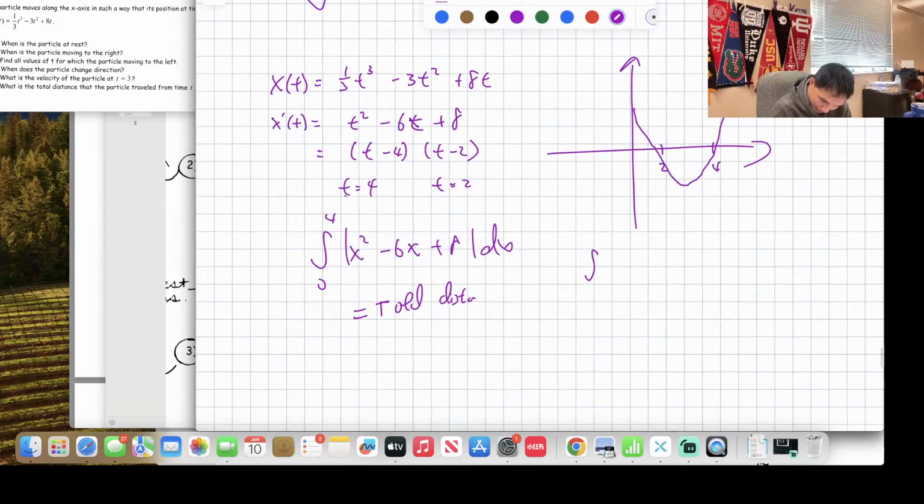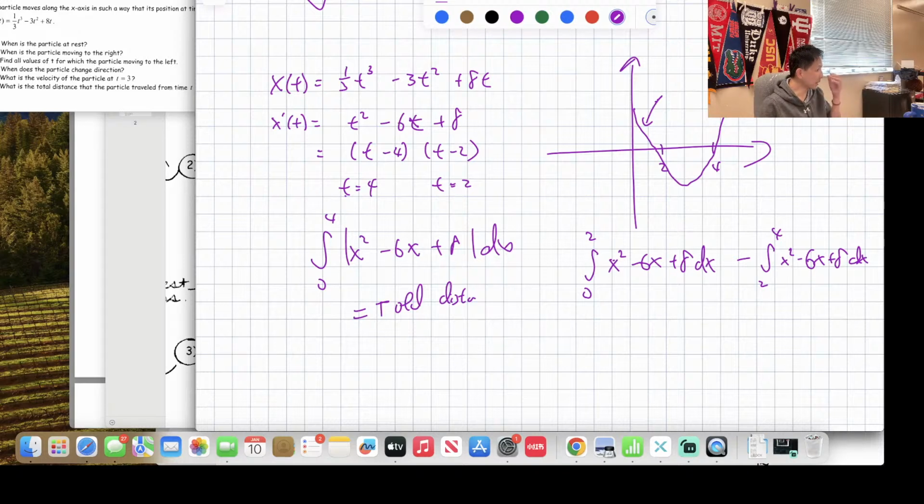Then it's going to be the integration from 0 to 2 of the original function, x squared minus 6x plus 8 dx, plus minus the integration from 2 to 4 of x squared minus 6x plus 8 dx.